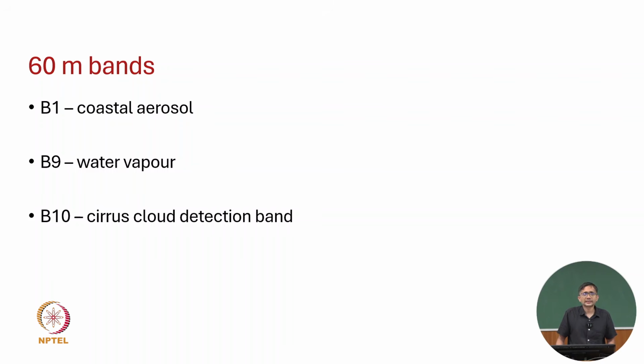Now, let us also quickly go through the 60-meter bands. So 60-meter bands are B1, B9, B10, which is helpful for cloud detection.